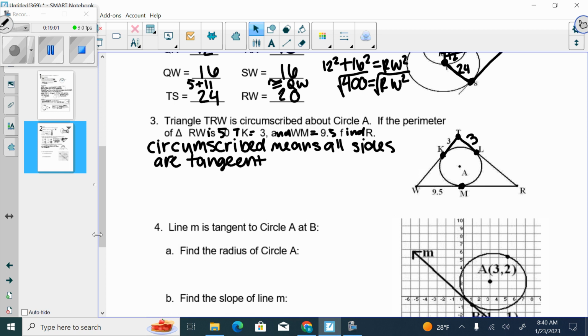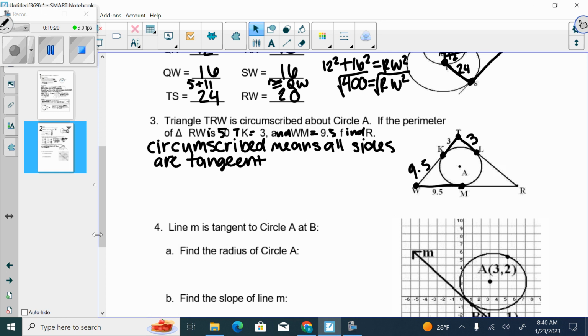Right here, I know that from W to M is 9.5, so what else is going to be 9.5? Right. All right, so we already know a few of our pieces here.